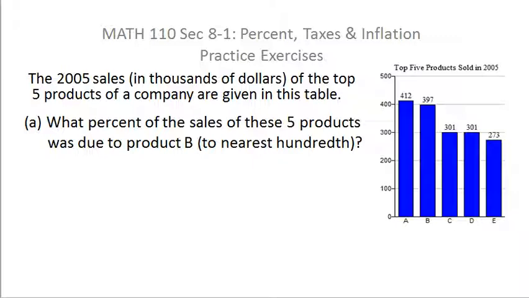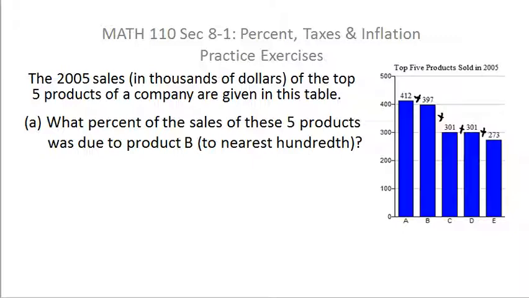Now, first of all, we're comparing sales of product B to all 5 products together. So I think pretty obviously you have to total all 5 product sales. So you're going to add those 5 numbers: 412 plus 397 plus 301 plus 301 plus 273.